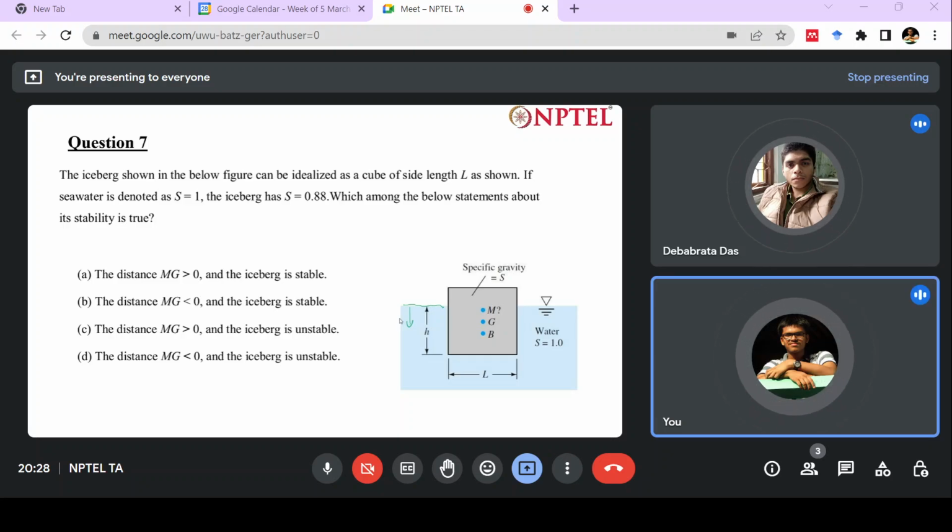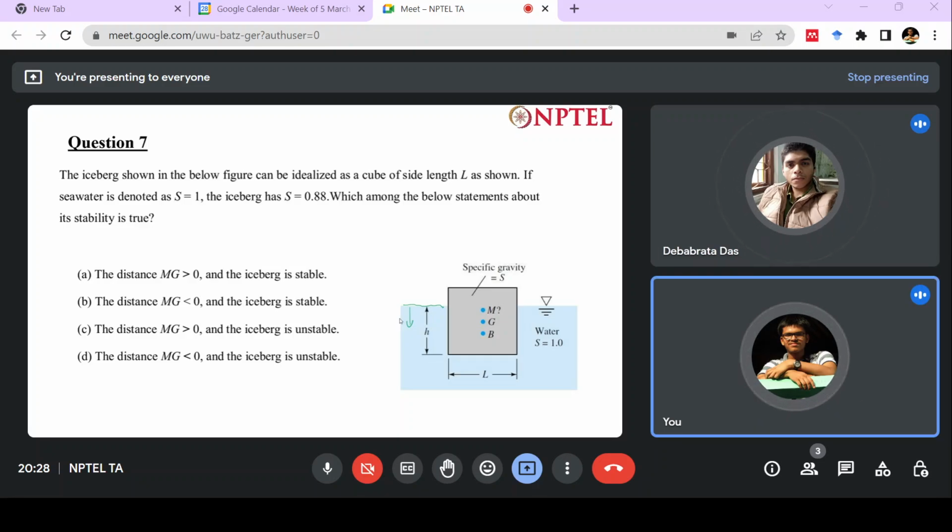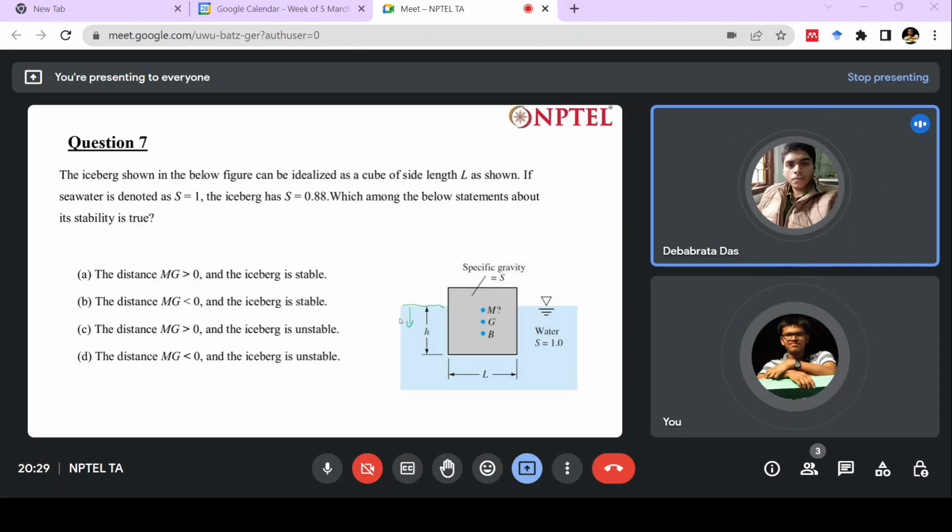Dimensions are given as L and H. So what will be the depth if it is in the stable position? If it is in the position as shown, then this will be H by 2, right? Yes, sir, H by 2. Because what is the center of buoyancy?